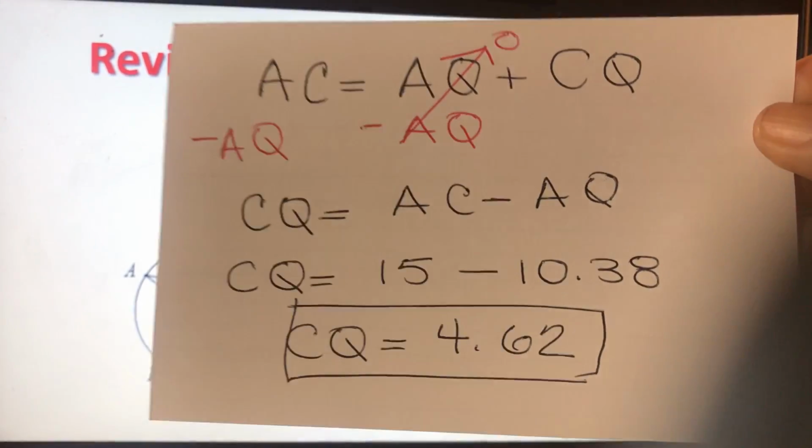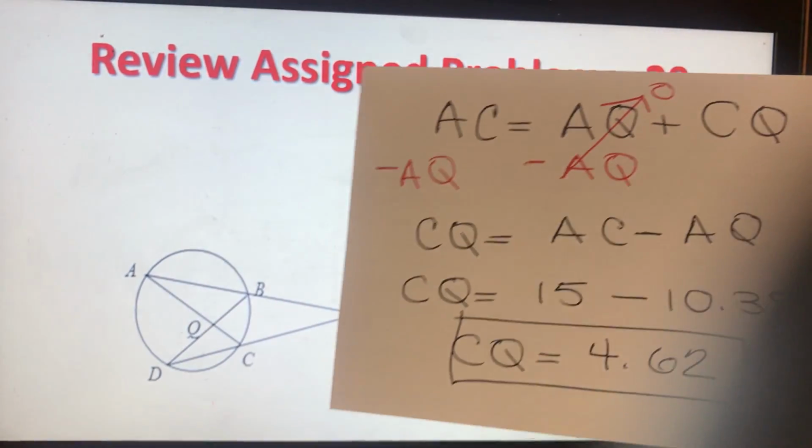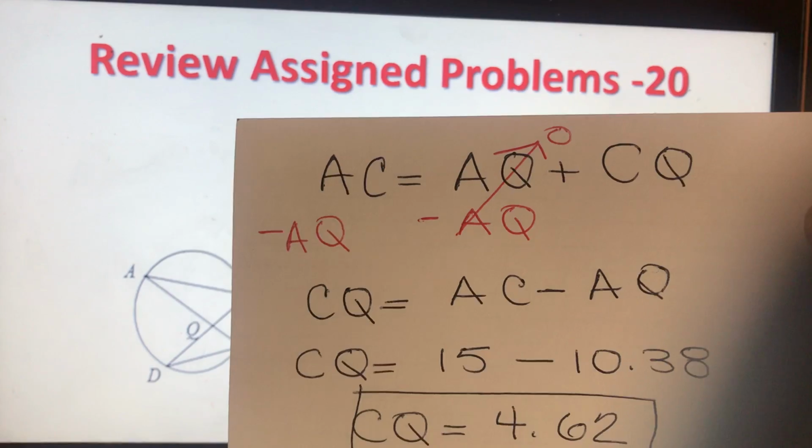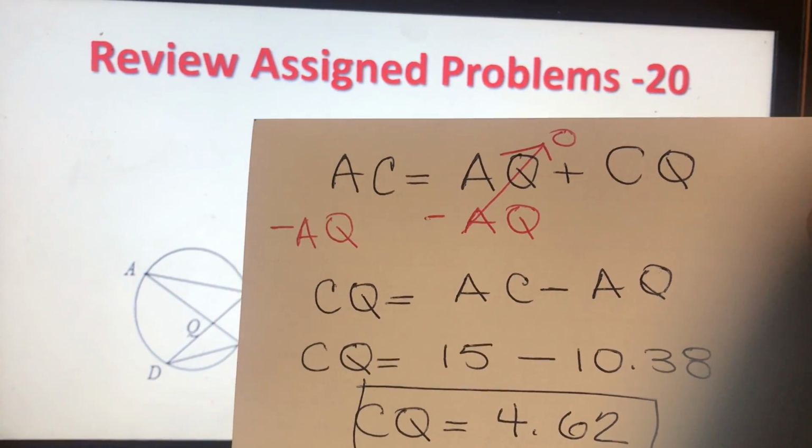So, given this problem, we notice that the distance CQ is going to be equal to AC minus AQ. Why?